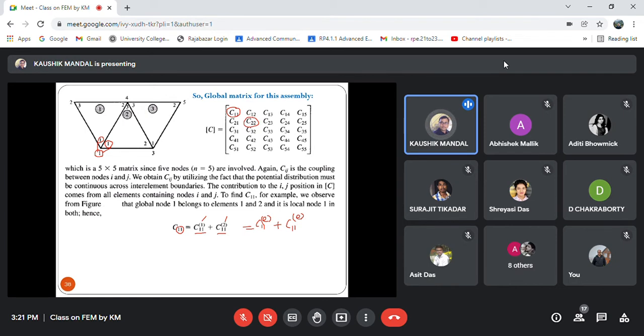Next, if you have to find out C22, then what will you do? First, you identify the corresponding global node or global numbering. This is global numbering 2.